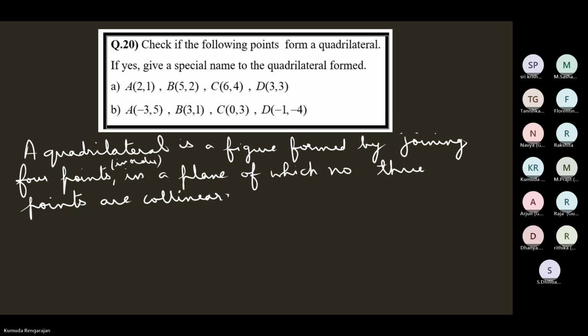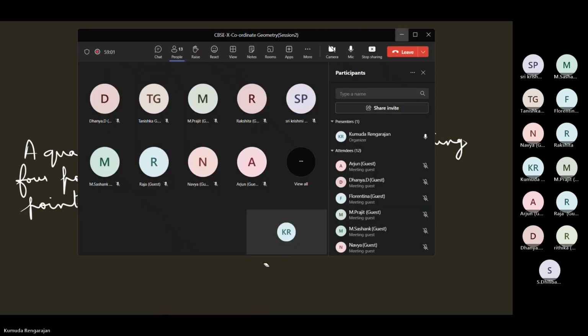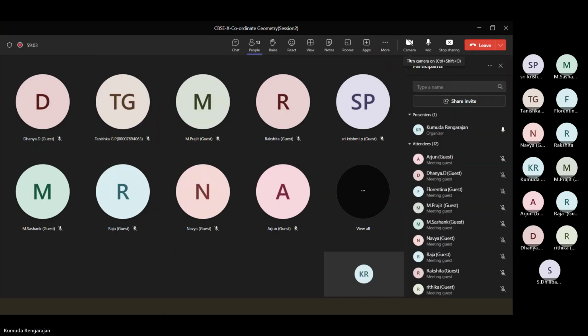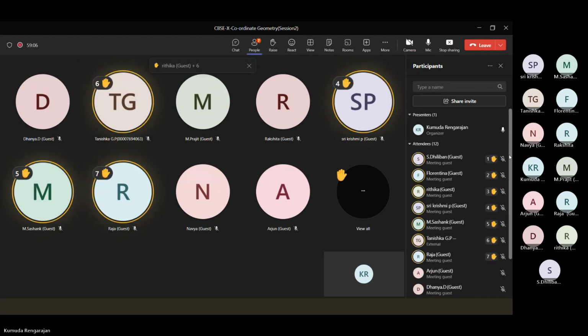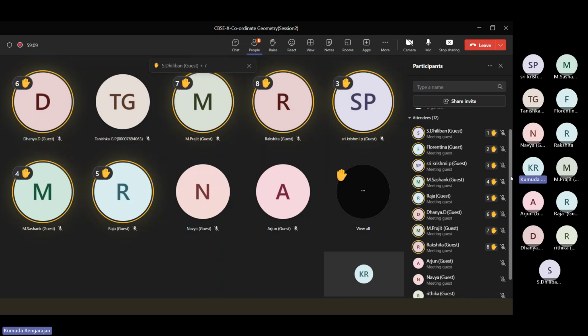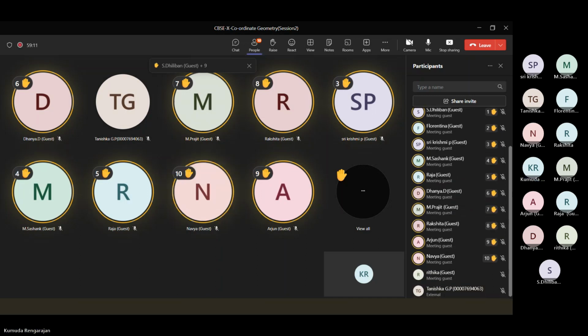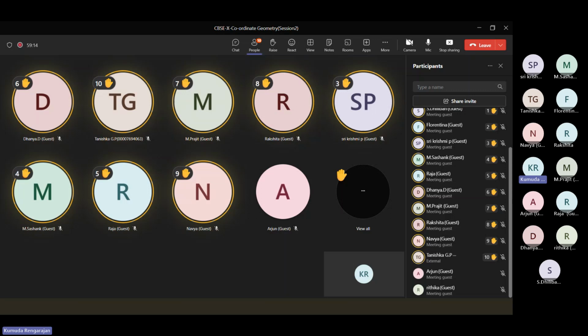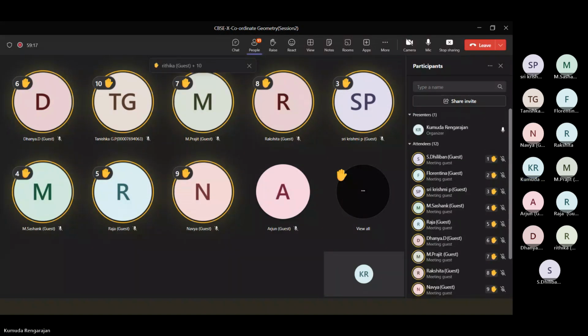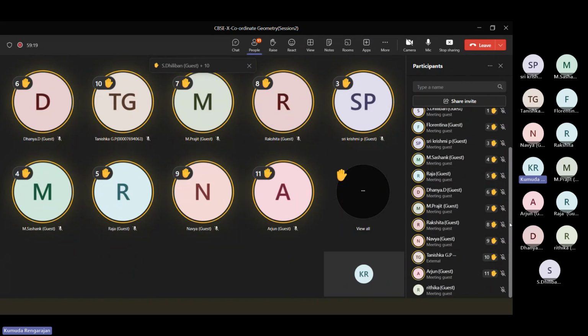Done writing? Class, use the emoji. Raise your hand. Diliban, Florentina, Krishmi, Sashank, Raja, Danya, Prajit, Rakshita, Navya, Tanishka, Arjun and Ritika. Ma'am, I keep raising my hand. It is not showing.